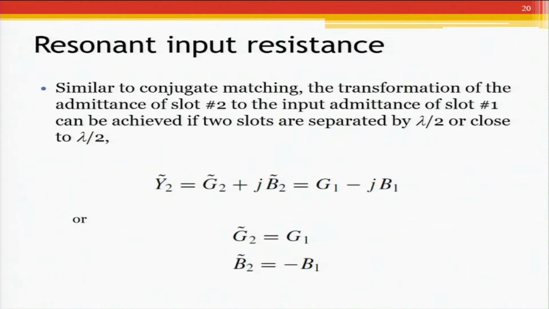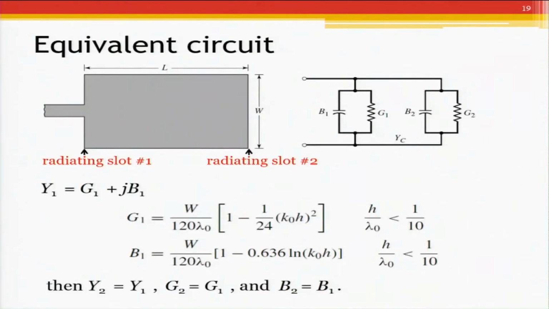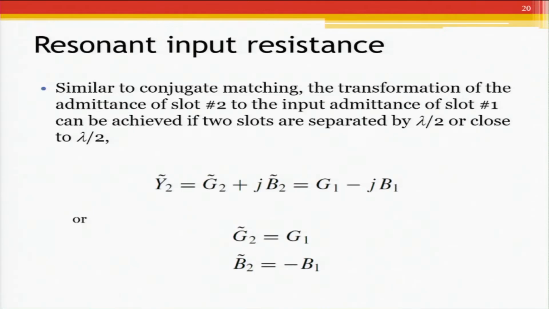This is another reason why we use admittance: both radiating slots are connected in parallel, so in terms of combining, you can combine the admittances straightforwardly and directly. And there we go. After matching, you will find that G2 equals G1, and then you delete the susceptance, so B2 equals minus B1.